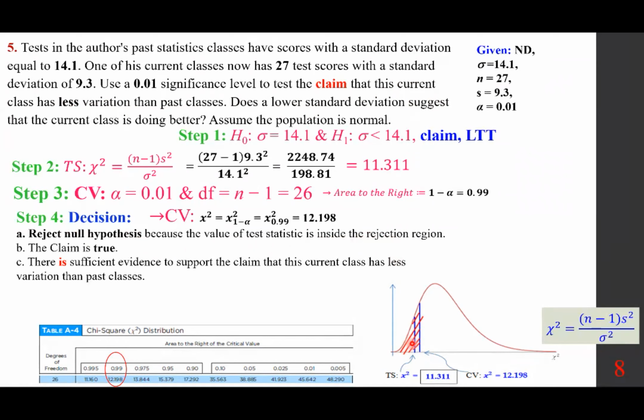By the way, this whole red area is alpha, and this one in blue is the p-value, which we're going to look at in a moment.